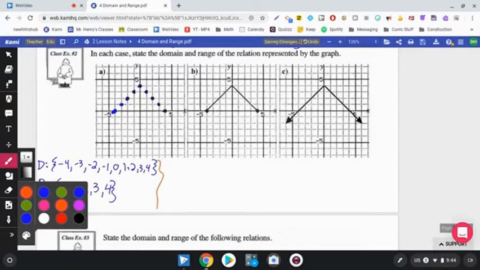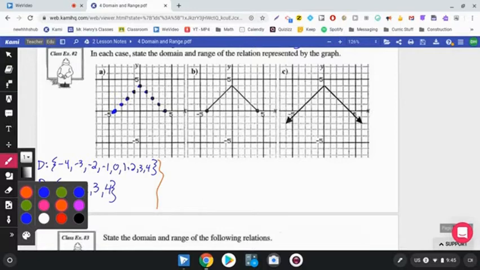This is a little bit trickier. Okay, this is definitely going to be harder. And this is one where we want to practice a lot, and we really want to make sure we can talk about domain and range. So when I have a continuous relation or a line on my graph, I have to be a little more precise.